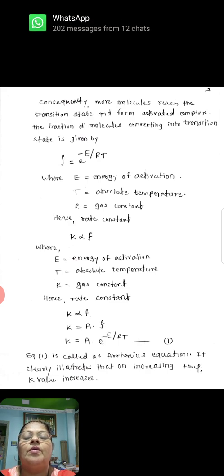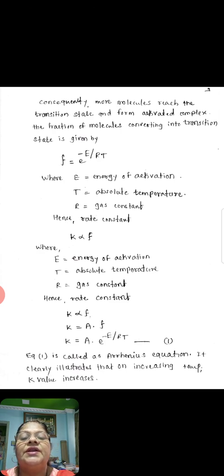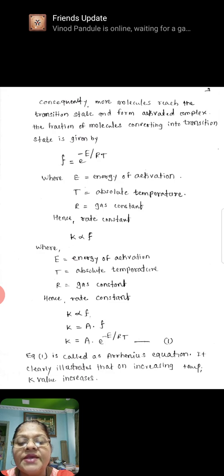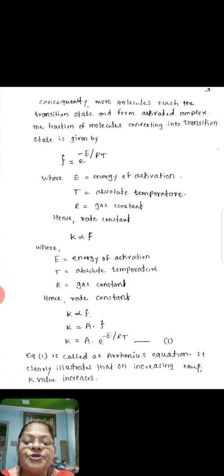The fraction of molecules converted into the transition state is given by f equal to e raised to minus Ea by RT, where Ea is the energy of activation, T is the absolute temperature, and R is the gas constant. Hence the rate constant k is directly proportional to f.